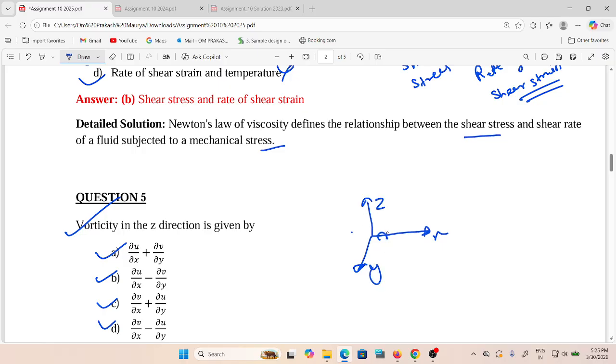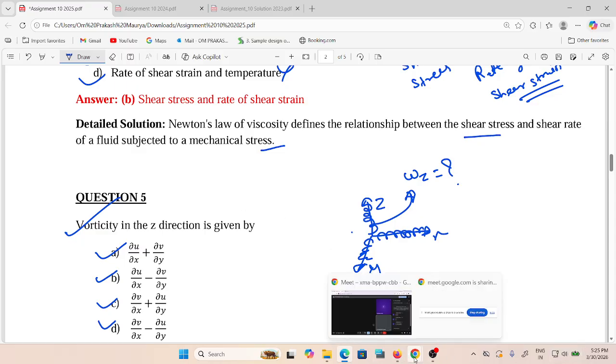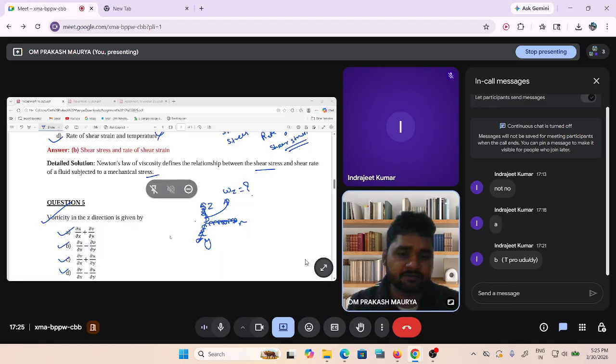So vorticity is like that in the x direction, in the y direction, and in the z direction like that. If I represent it with omega, you need to identify omega in the z direction. Not calculate, just identify the formula and write your option in the chat box for question number 5.